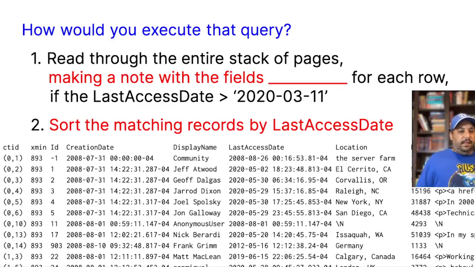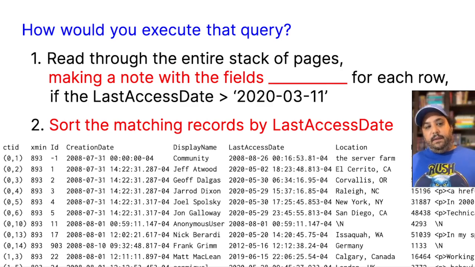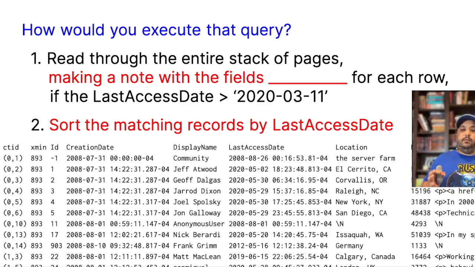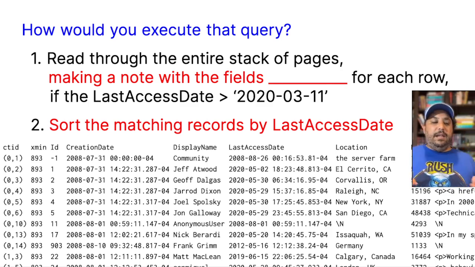And that's certainly an option. But as it turns out, that's not how it really works in Postgres. When it goes to write that down, it can't just write down the ID and the access date. It is going to write down all the data from every column that it's going to need to answer that question.